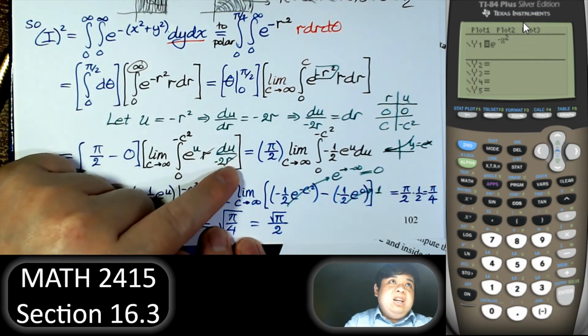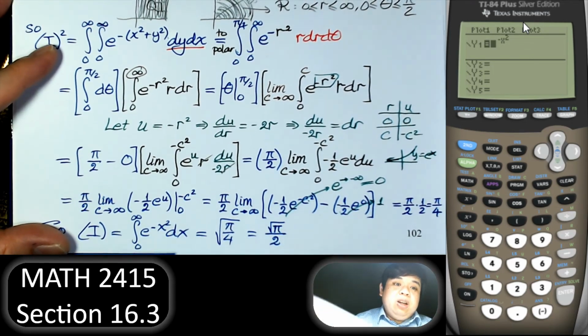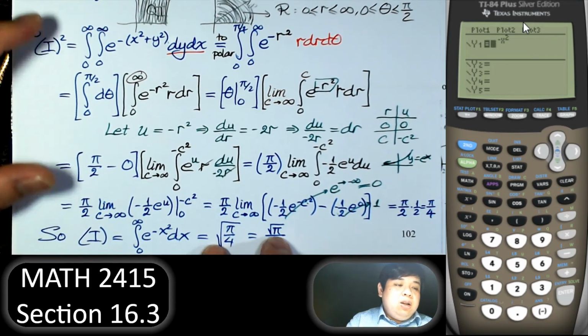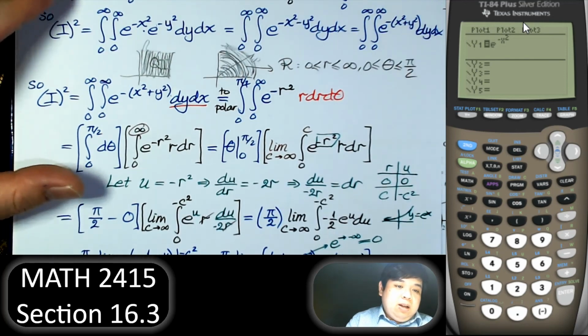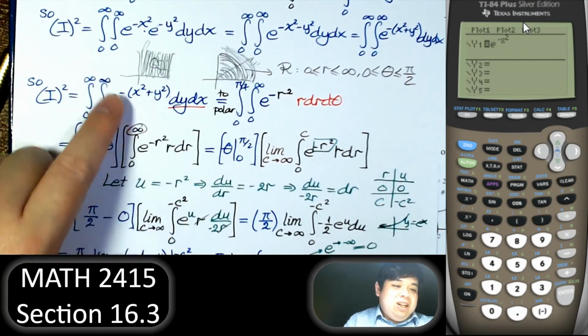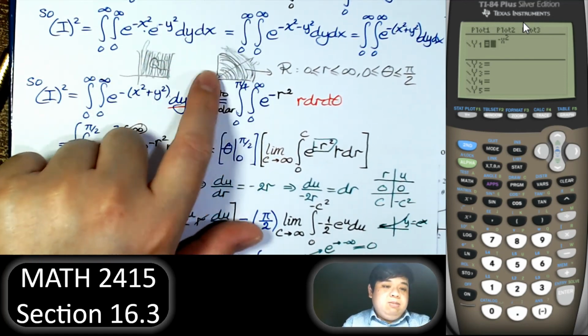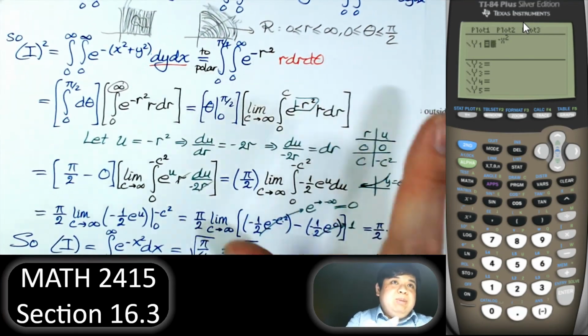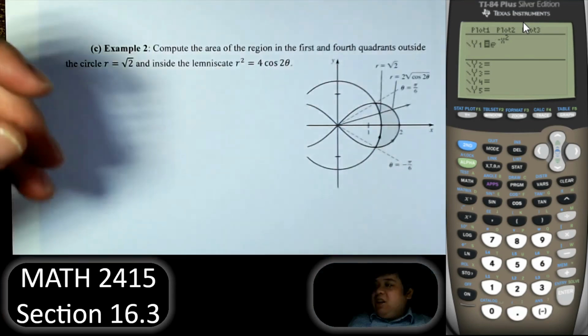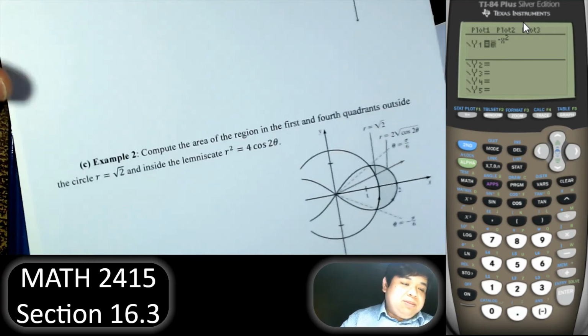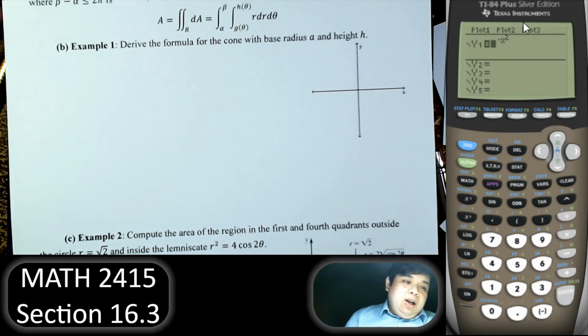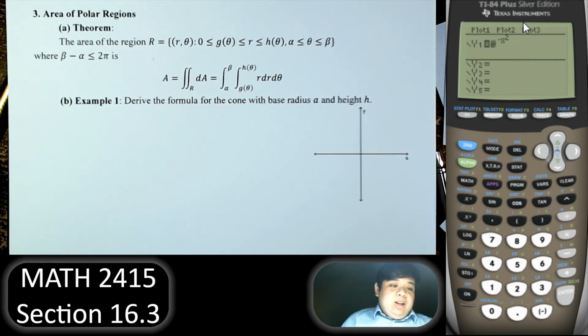But the idea here is very, very interesting, including two things: getting to I squared, and taking care of the area and those limits. Those are two very nice ideas. Right. Now, the area in polar regions.